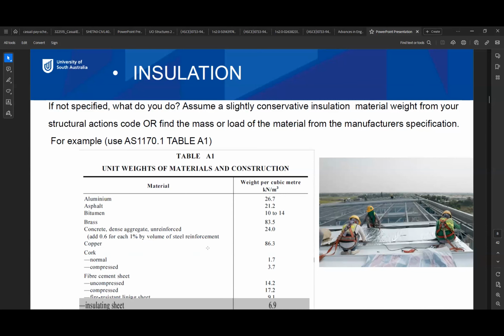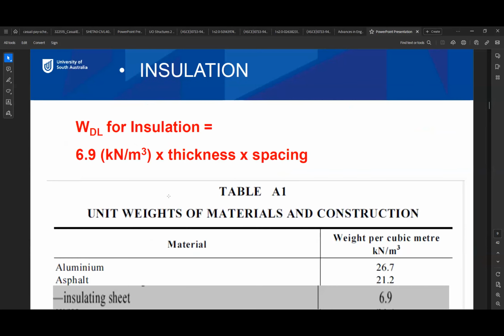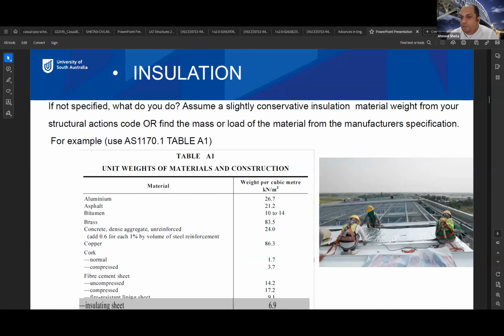Makes sense. Okay, so for this example, the example chose insulating sheet, which is fiber cement sheet. What is the weight of this? 6.9, but this is per cubic meter, so the unit is kilonewton per cubic meter.